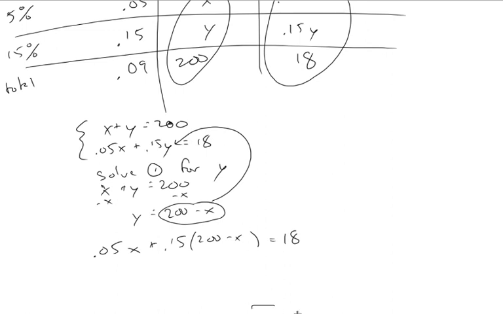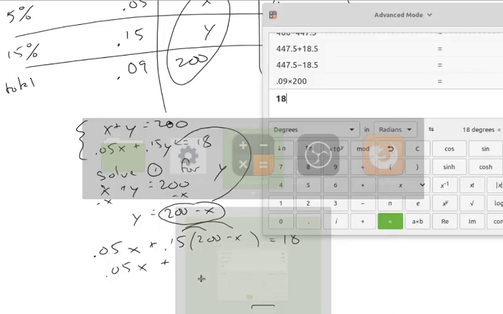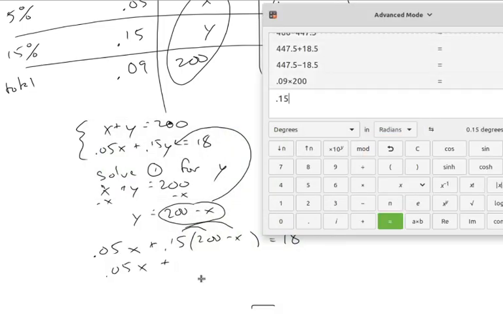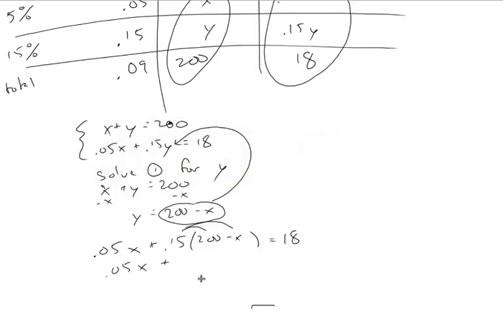So distributing my 0.15 through the parentheses, I get 0.05x plus, well, 0.15 times 200 is 30. When I combine like terms, the 0.05x and the negative 0.15x gives me negative 0.10x, or just 0.1x.